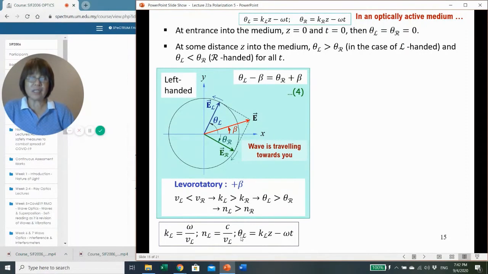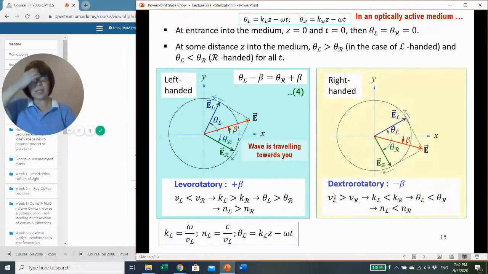Therefore, theta L would be larger than theta R, and it also follows that NL would be larger than NR. For the right rotation, you have theta L smaller than theta R at time t.